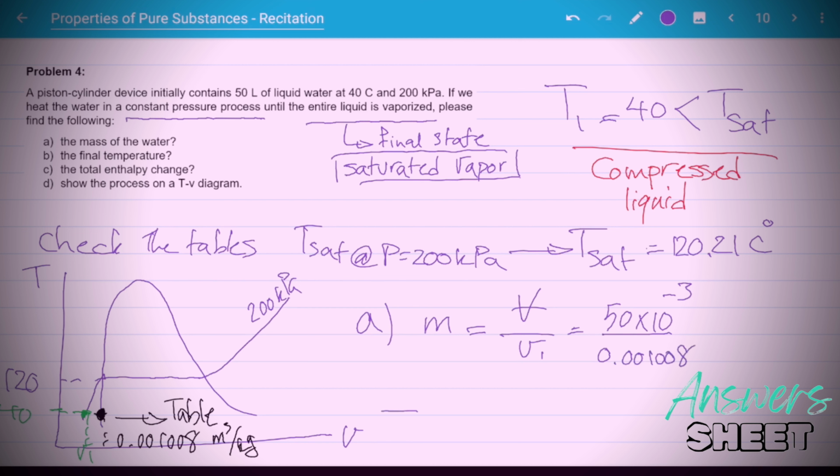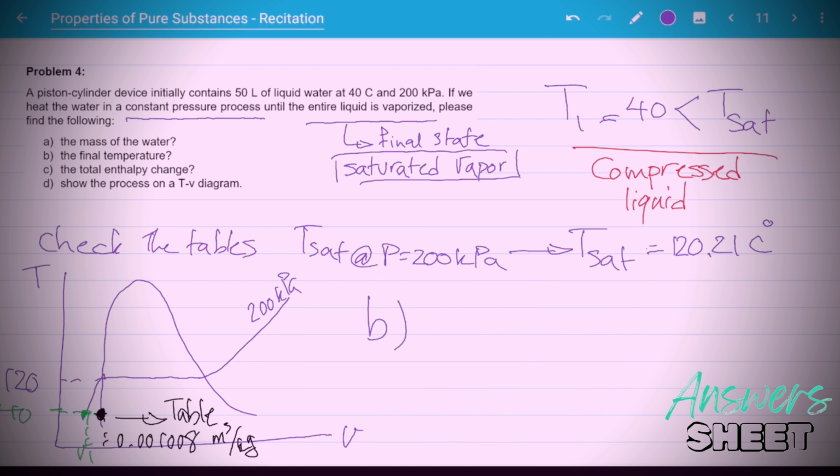And if we do the math, we get that the mass is 49.6 kilograms. So nearly 50 kilograms of water is in this piston and cylinder setup. Okay, I cleared a bit of the calculation space, so we can move on to part B.